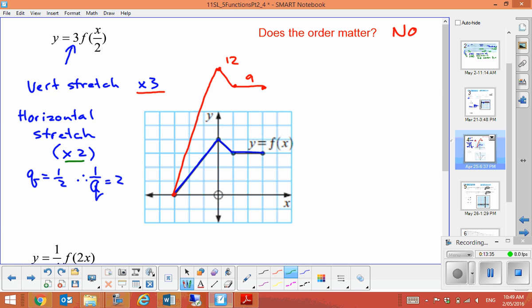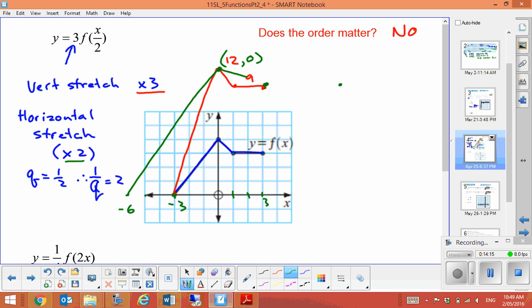So all our x values become double. This one stays the same because it's on the y-axis. This was at minus 3, so this now becomes minus 6. And 6 becomes 12 and 0. This is at 1, so it now comes out to 3. So this point comes out here, and this point at 3 comes out to 9.